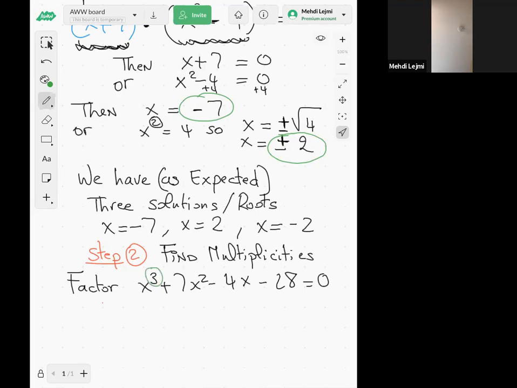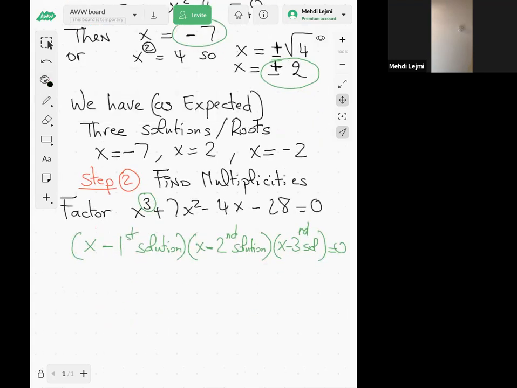So when you factor, you're supposed to have something of the form x minus the first solution, times x minus the second solution, times x minus the third solution, right? Because again, we are supposed to have 3 solutions.